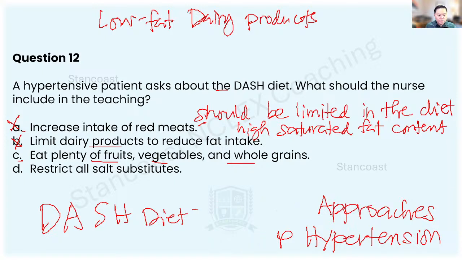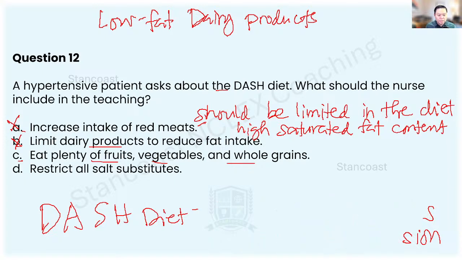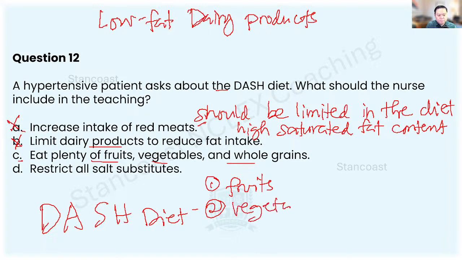What are the food items that will be encouraged here? Well, these are the following, guys. One of those would be fruits, vegetables. Another would be, thank you, virtuous lady. Also whole grains, and also lean proteins.